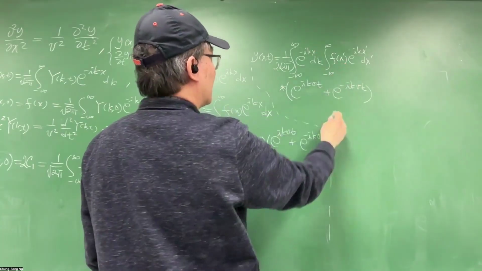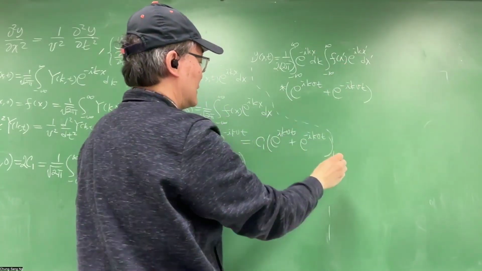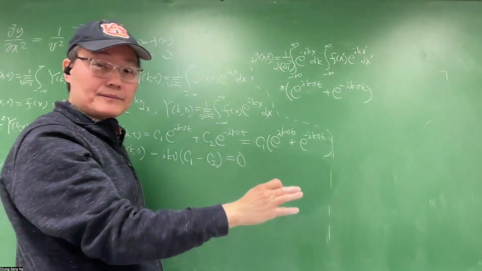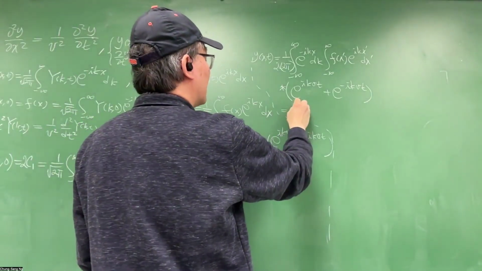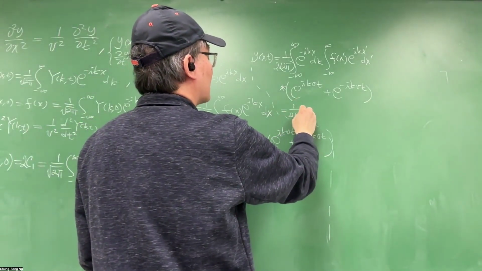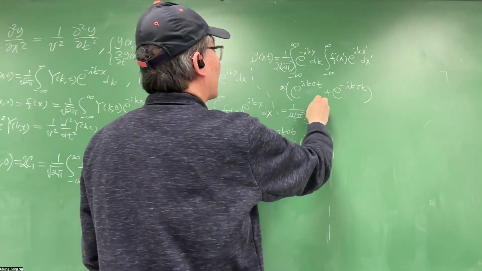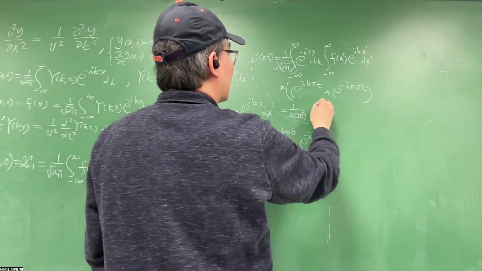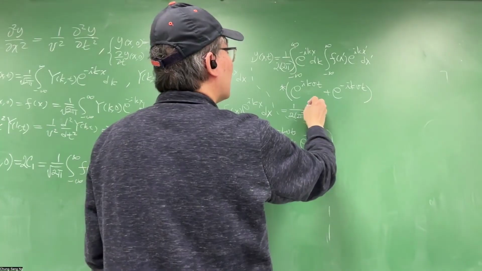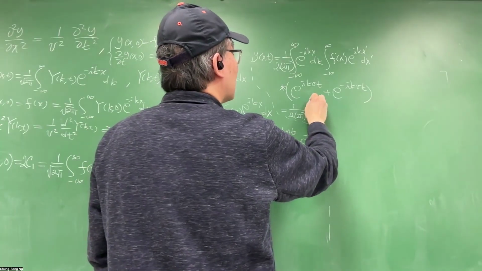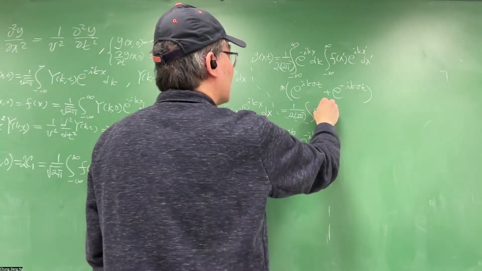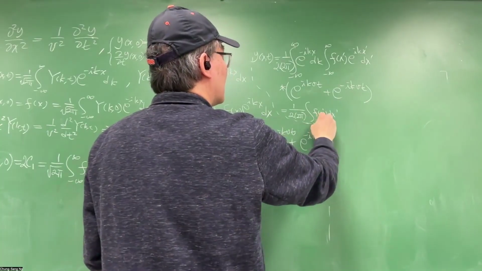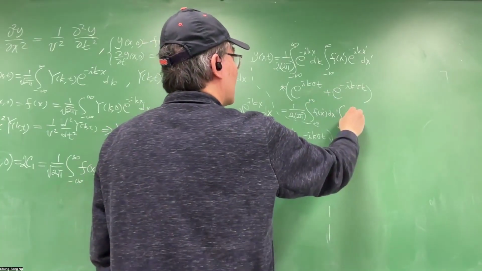So it's 1/2 pi, and take the f of x prime, dx prime out. The rest is the dk integral.